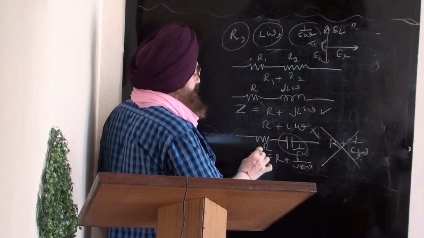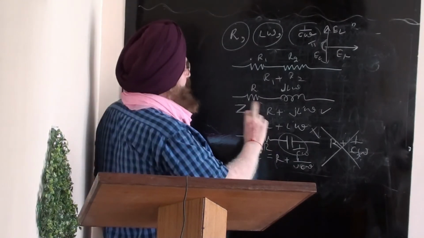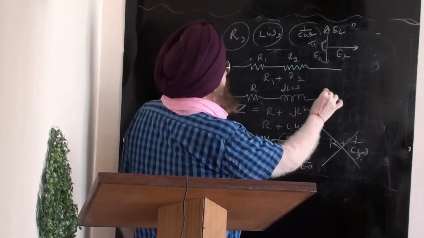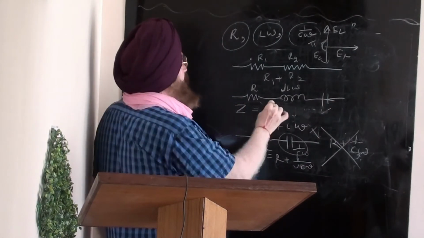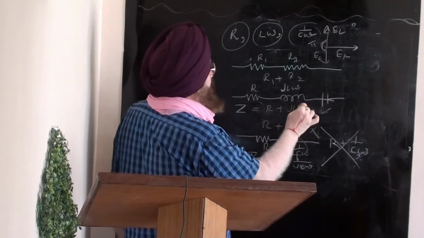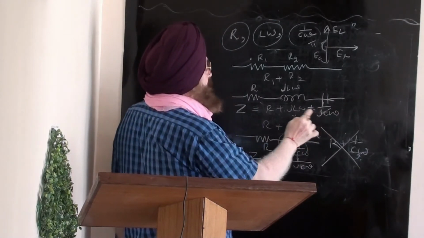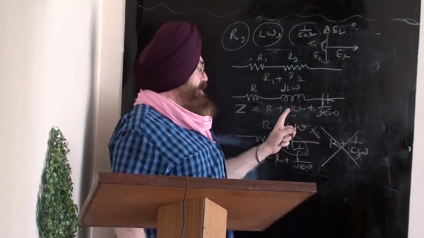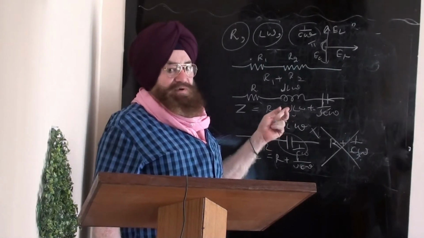You say this is again the impedance of the circuit. If you have all three elements, R, coil and a capacitor, then what is the total impedance? R plus JL omega plus 1 over JC omega. Always remember to put J with the capacitor and the inductor, because of the concern with the phase.